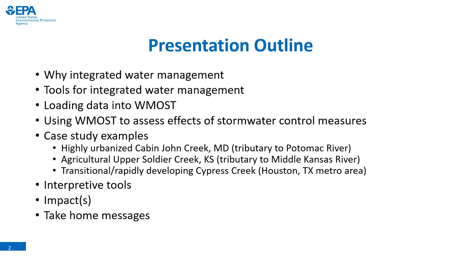I'll briefly go over 3 different case studies, ranging from agricultural to highly urbanized watersheds across the country. Talk about 2 interpretive tools for comparing the results across multiple scenarios with WMOST. Talk about how the results are being used by communities and watershed organizations, and finish with some take-home messages.